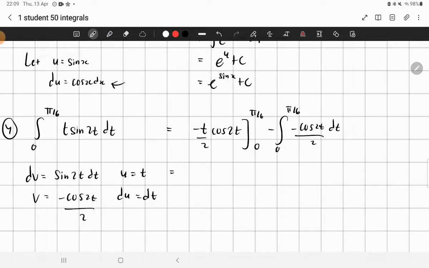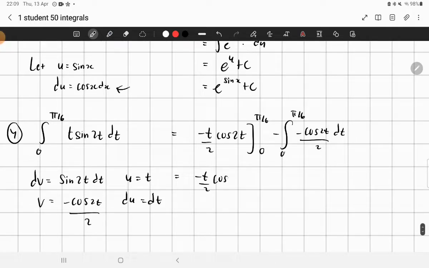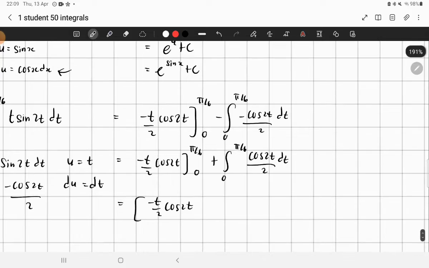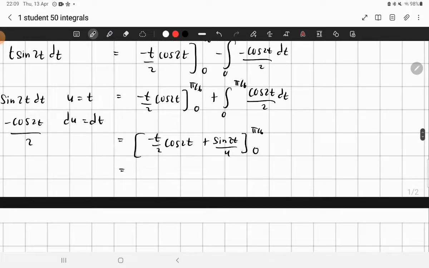I'm going to leave the first term and not solve it yet. Simplify the integral of cosine 2t over 2 dt, and you could combine both terms, giving plus sine 2t over 4 from 0 to pi over 6. So now solve as usual.